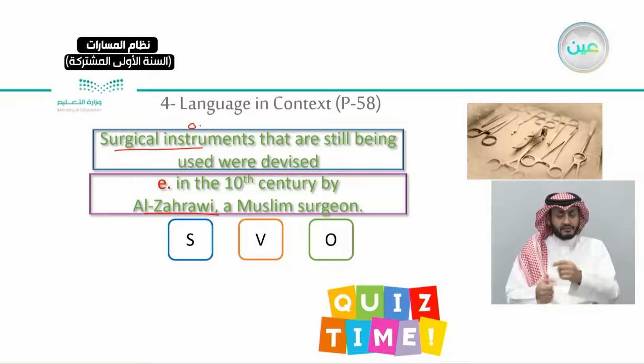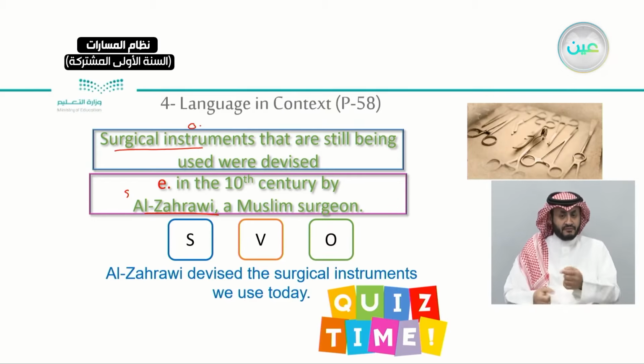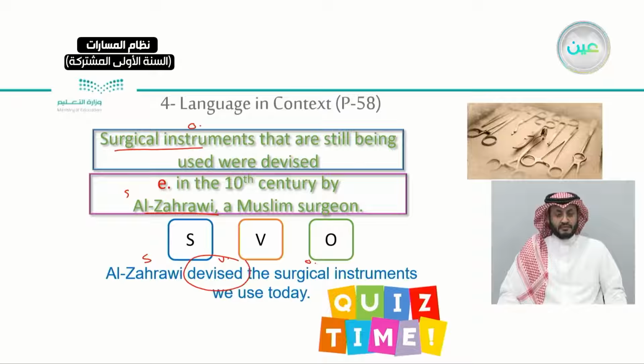He is al-Zahrawi, which is the subject. Let's put it in the correct order: subject, verb, and object. Al-Zahrawi devised the surgical instruments that we use today. He did the action to the objects. So devised, that's why we have "were" here.